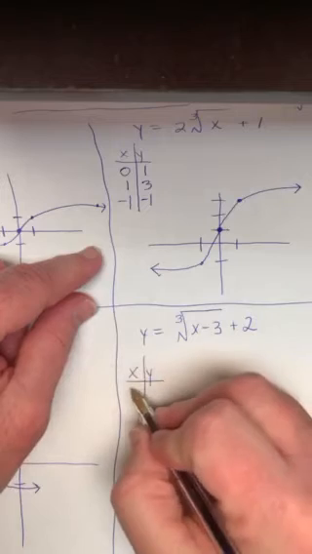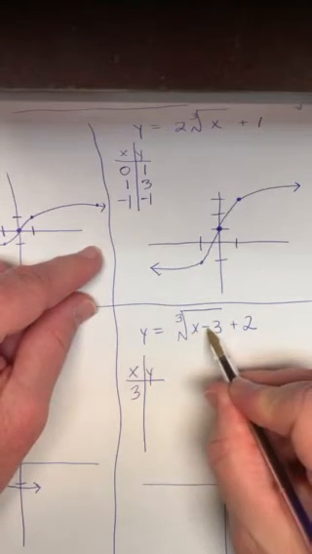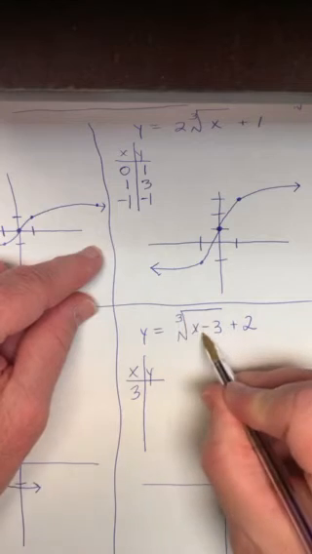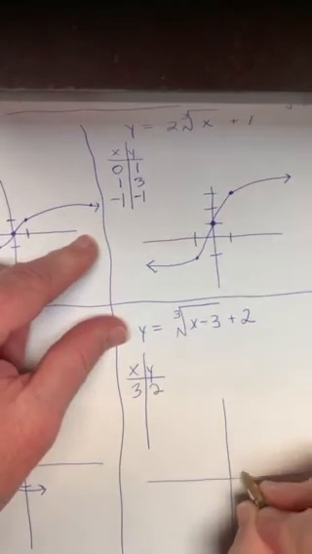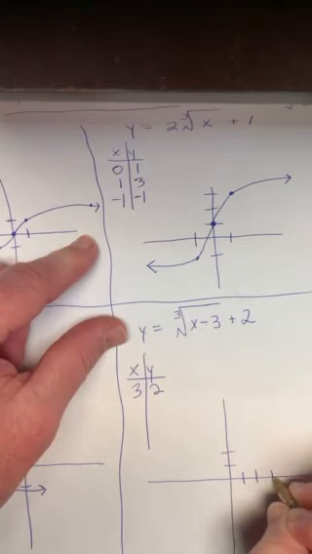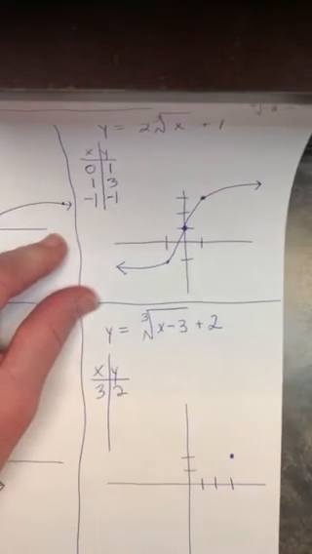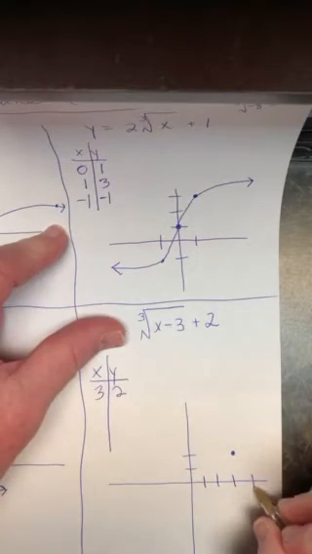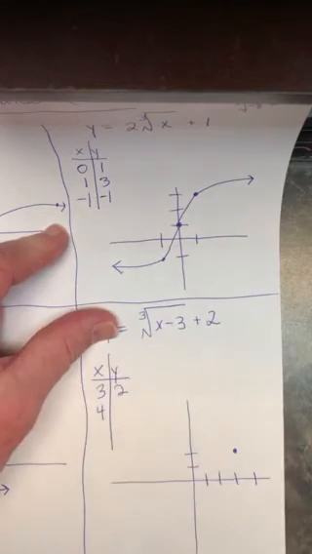So I'm actually starting by plugging in a 3. Plug it in. 3 minus 3 is 0. The cube root of 0 is 0. Plus 2 gives you 2. So my starting dot is right 3 and up 2. Notice how I always put that dot first. That's my starting point. Because now all I've got to do is pick one number to the right of it, which would be 4.